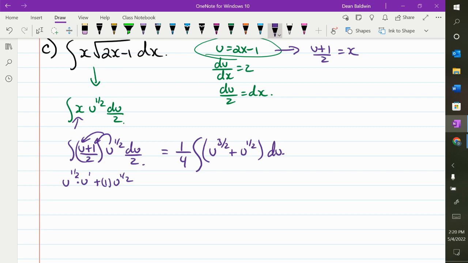What's the antiderivative of that? So it's u to the 5 over 2 divided by 5 over 2, which is the same as multiplying by 2 over 5. And then the half becomes u to the 3 halves with a 2/3 in front.